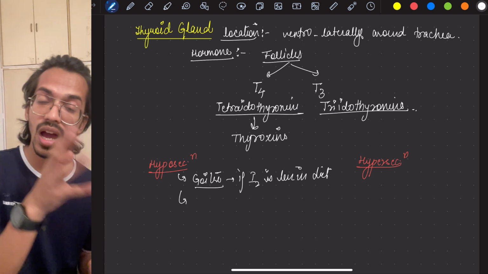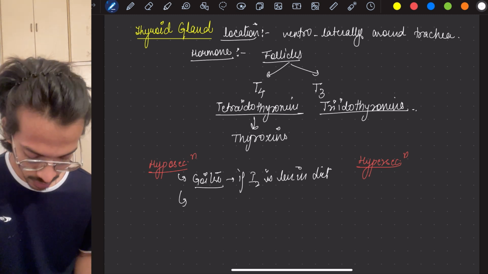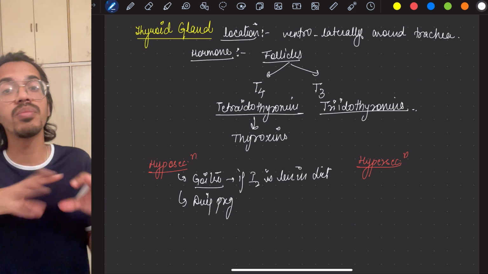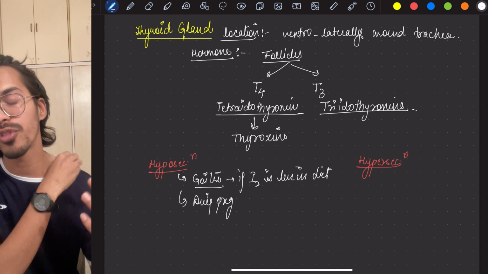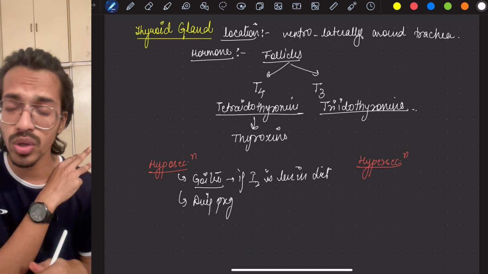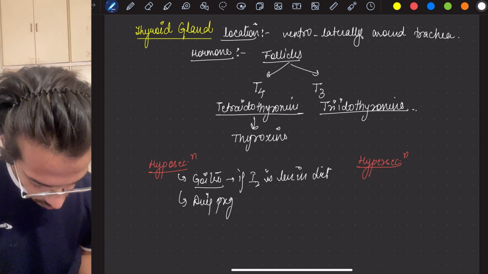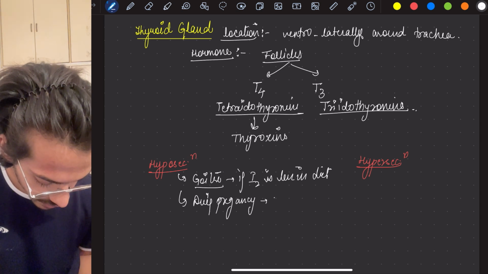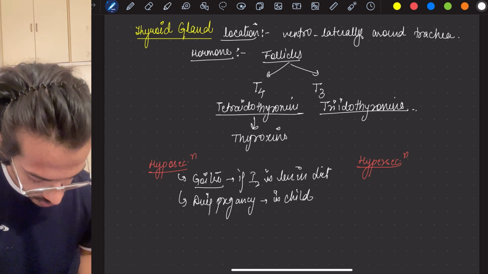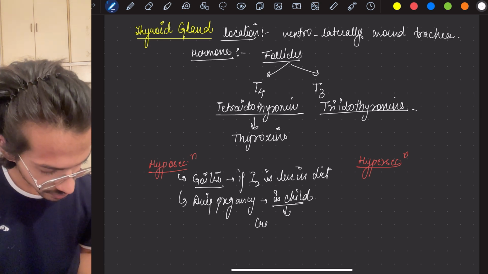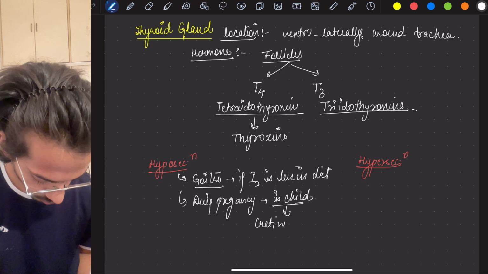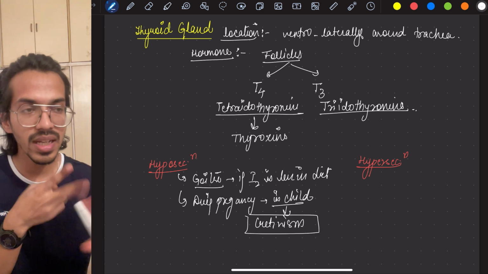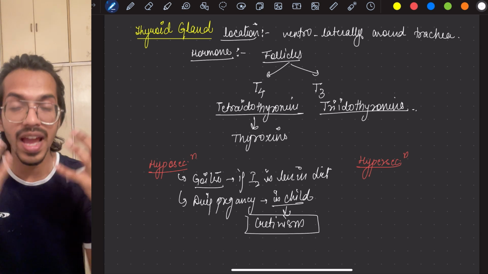Next, if it occurs during pregnancy, it leads to stunted growth of the baby, because thyroid is that important for mental, physical and sexual growth. In a child, the disease is called cretinism, in which stunted growth will be there, the baby's IQ will be less, the baby might be deaf, and mutism is there.